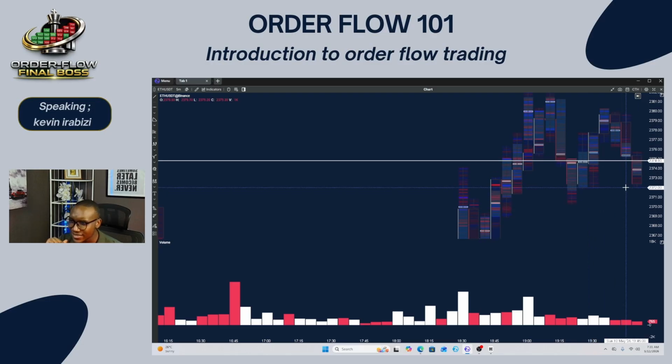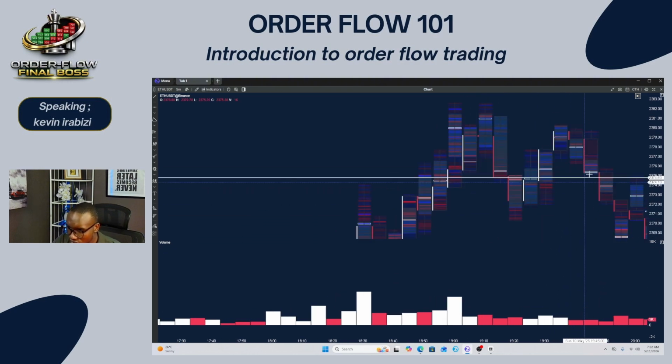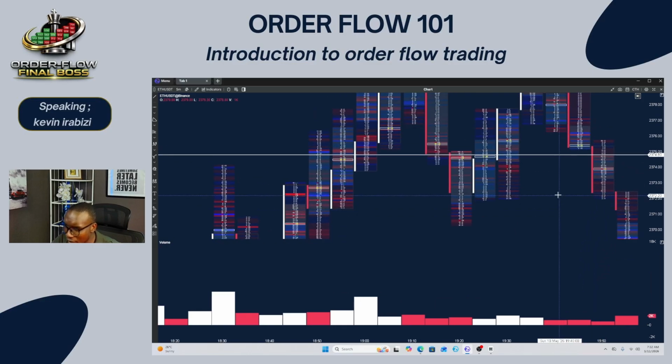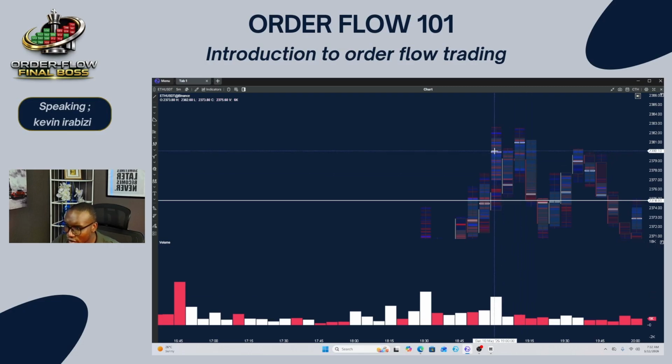What happens? Buyers come in again to try and push price up. Right here we have 1K, 2K, 2K. Price tries to push up, but still price does not close above the candlestick with more volume, 6K.